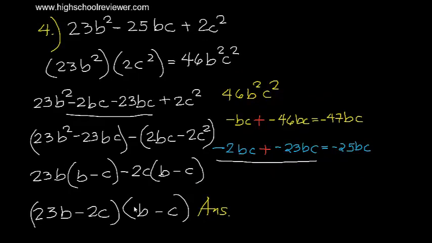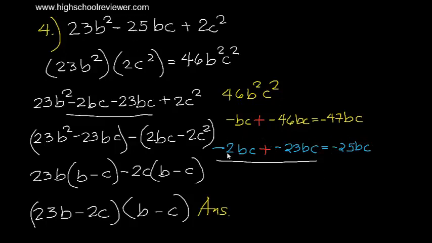Number 4, we have 23b squared minus 25bc plus 2c squared. Multiply the first and the third term, and then for their product, you factor this out. Select the factors that will give us the sum equal to our second term.